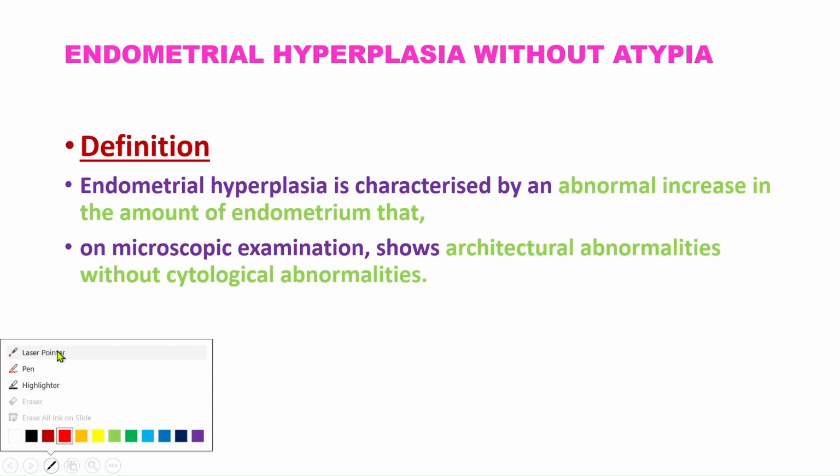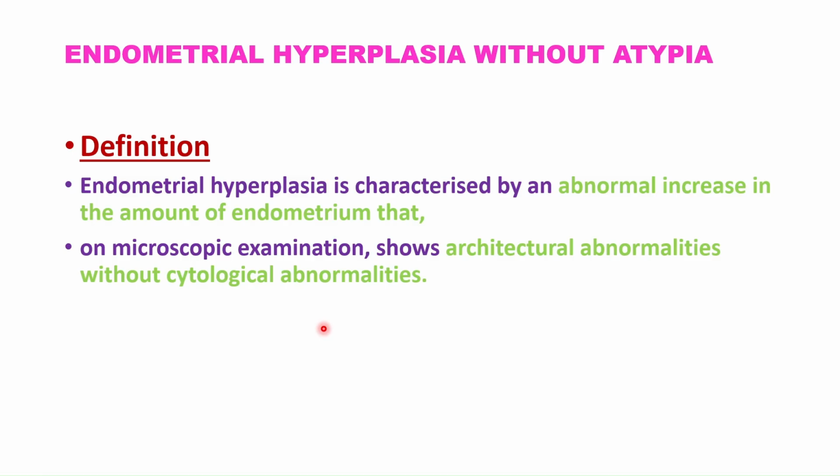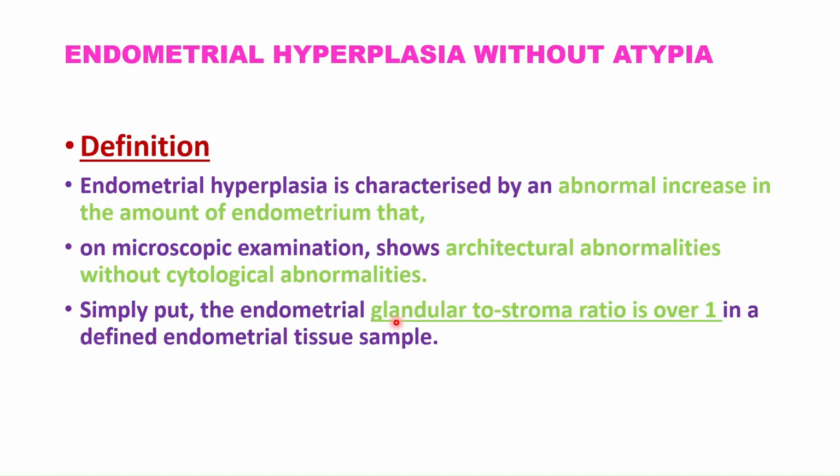So the key point here is there is increased number of glands, but the cytological atypias are absent. Now, second point is glandular to stroma ratio is over 1. Normally, gland to stroma ratio is 1, but to tell it is hyperplasia, it is more than 1.